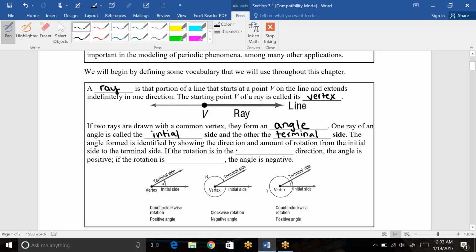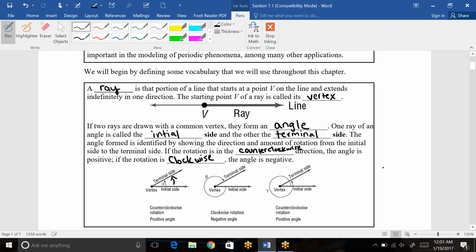If the rotation is in the counterclockwise direction, which seems a little counterintuitive, so in other words, it's going in this direction, we consider that to be an angle that is measuring positive. To distinguish that from going clockwise, we would say that that would actually be a negative degree measure.